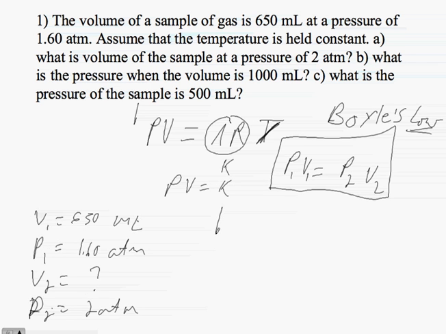So normal relationship, P1 V1 is equal to P2 V2.